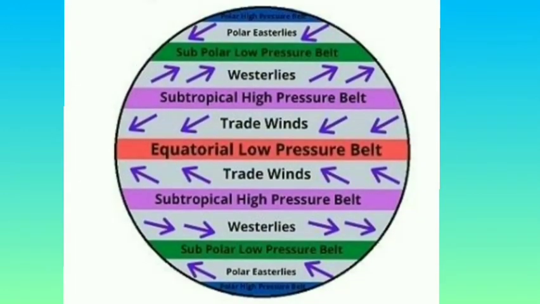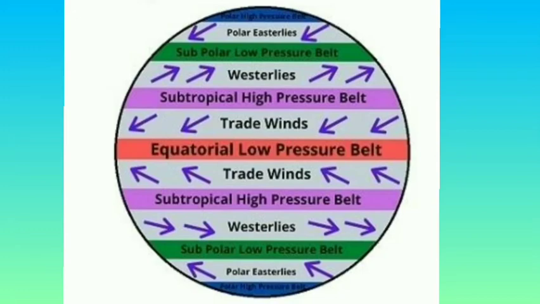Now if you look at this carefully, we start from the equatorial low pressure zone. The equatorial low pressure zone will always be a low pressure area, because here the oceans or the water bodies are heated so much that they create warm air which rises above. To fill that gap, we have the subtropical high pressure belts, from which the wind blows downwards.